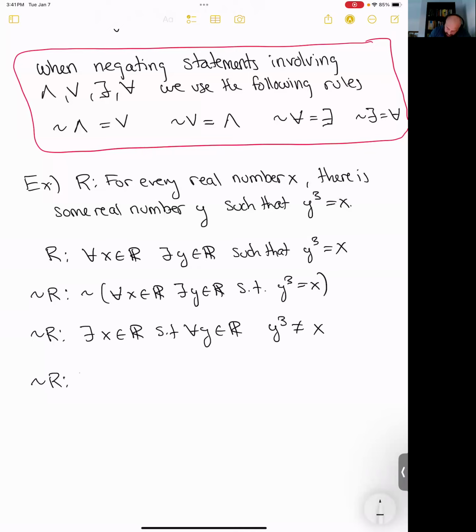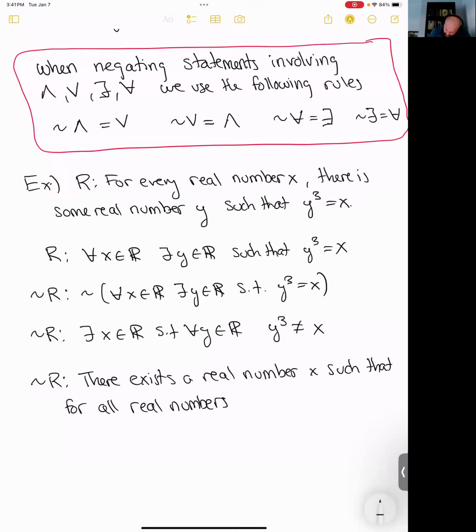And now let's just rewrite this in plain language. So it says that there exists a real number x such that for all real numbers y, we find that y cubed is not equal to x.